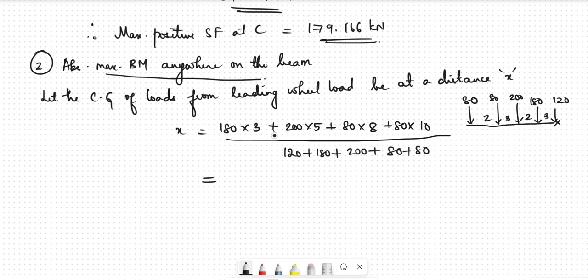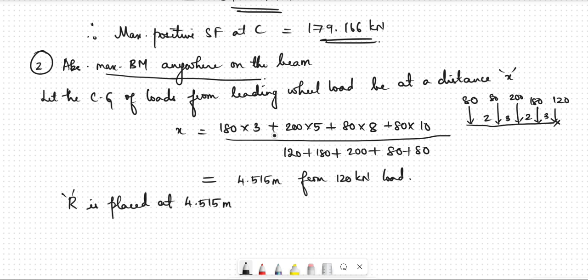So this gives you a value of 4.515 meters from that 120 kilonewton load. So that means the resultant is located at 4.515 meters from the leading load of 120 kilonewton.